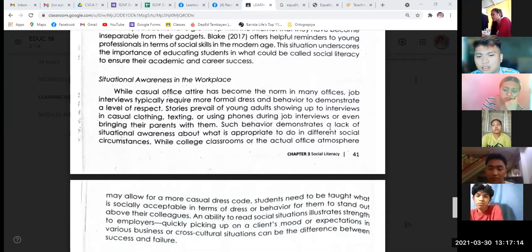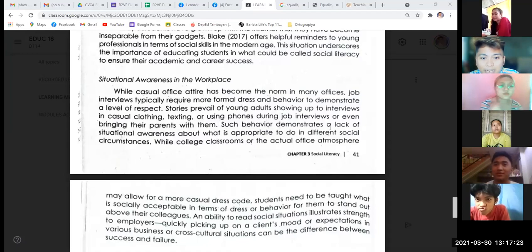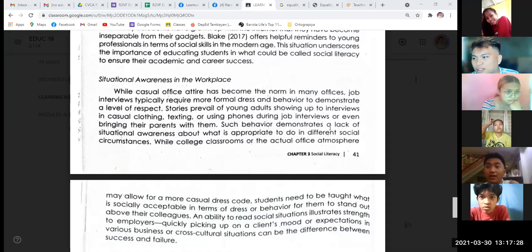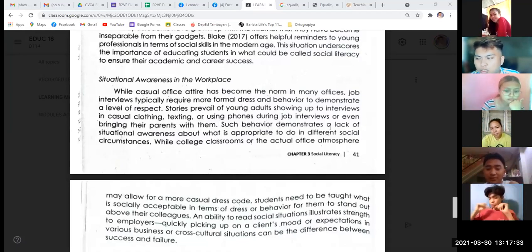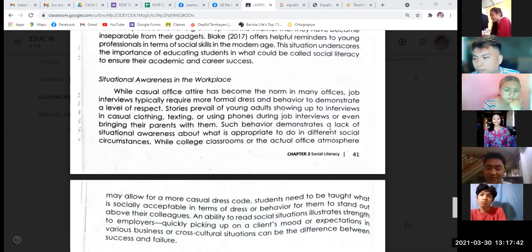You know, sumusunod tayo sa trend ng lipunan kahit hindi siya sumasang-ayon sa ating personal na pananaw. Okay? So there are instances like that. So our ability to read social situations and our ability to adapt in the situation give us strength, gives us advantage in dealing with other people.